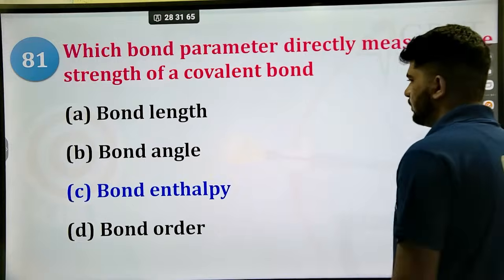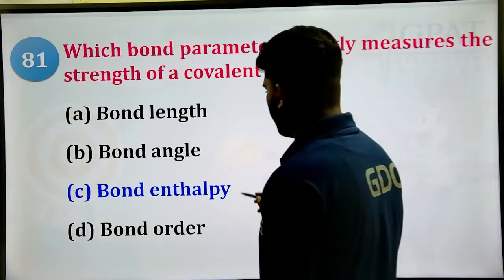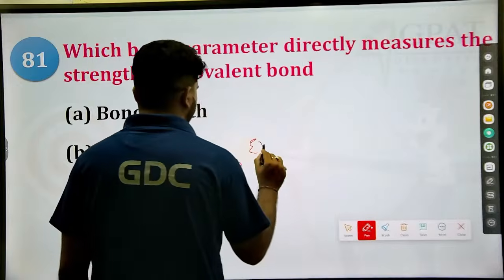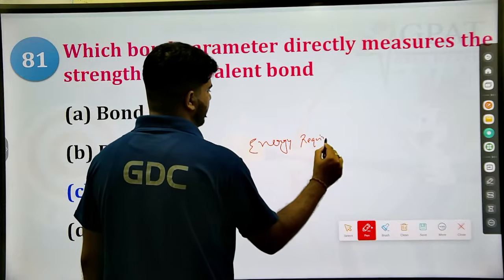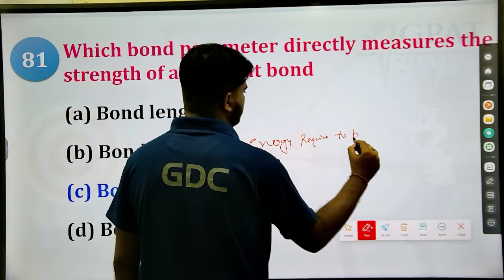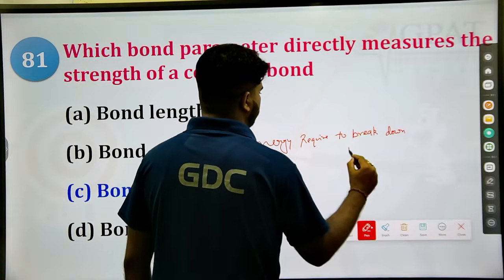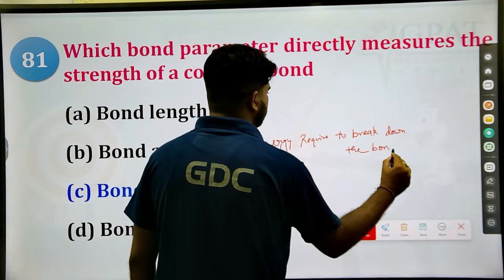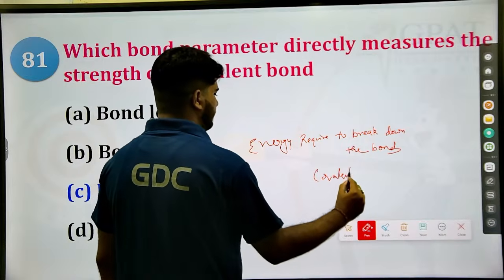This is your bond enthalpy, because this is the energy required to break down the bond. Which bond is it? That is your covalent bond, right?